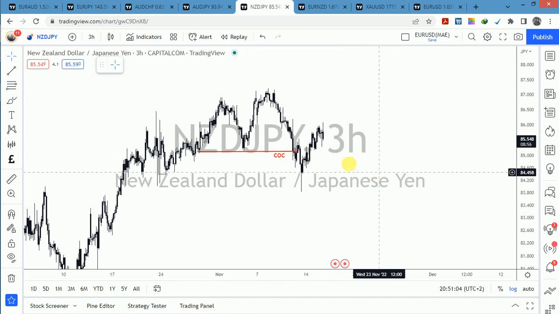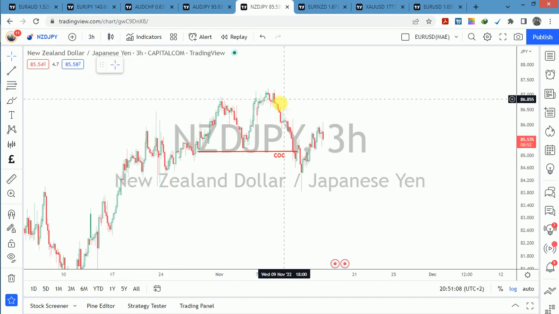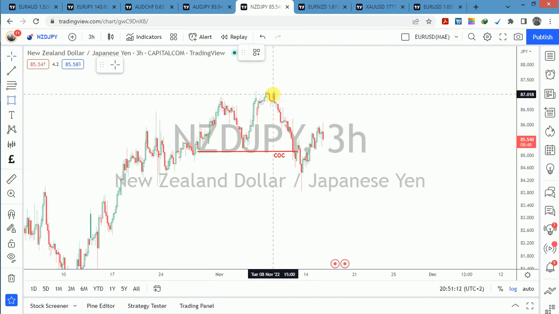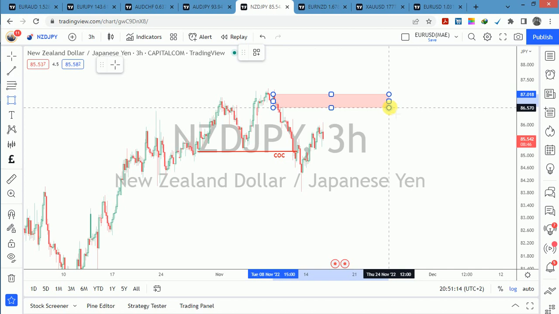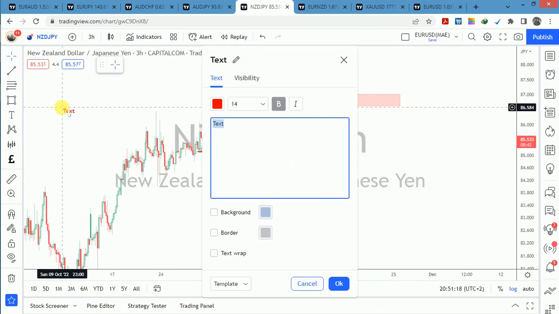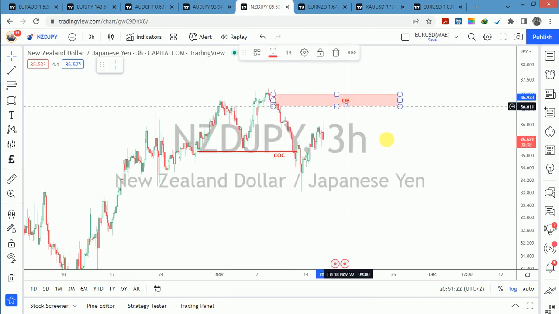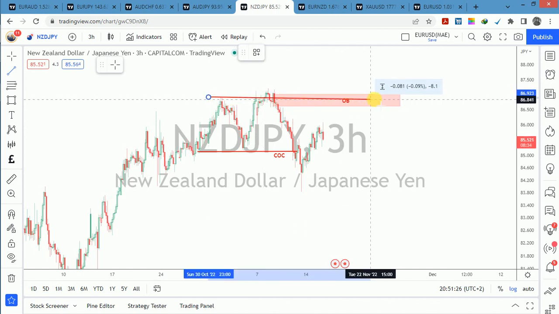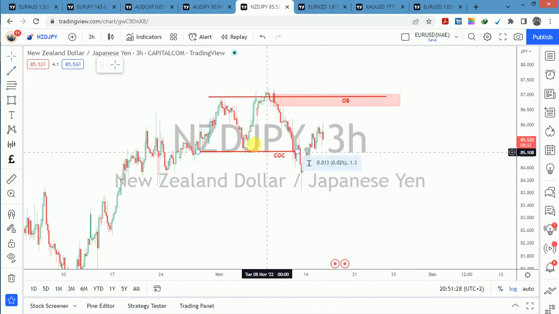If we have a change of character here, then we are going to be looking forward to using an order block here to drop, and also that order block is perfectly aligned with a QML. There is a nice QML here.